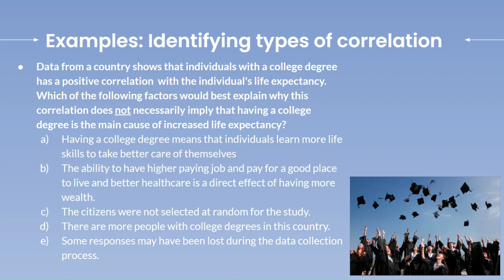So in this case, we know that a college degree can allow one to have a higher paying job and then pay for a good place to live with better health care, which would be a direct effect of having more wealth, making wealth one of the variables that causes life expectancy to go up, making B the proper choice in this scenario, because a college degree and life expectancy simply correlate and have all these variables that cause each other to have an effect.